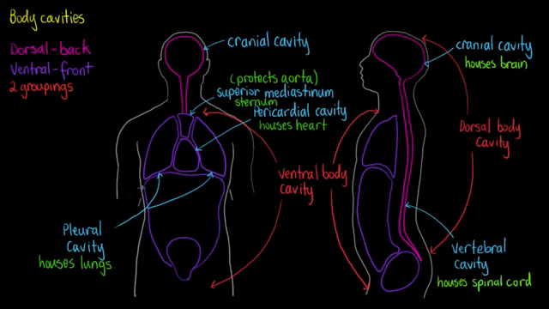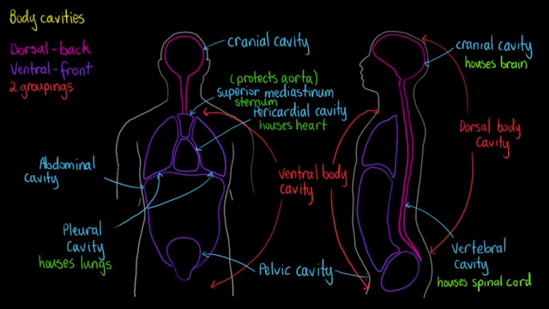Now we have two other subdivisions within our ventral cavities, and they are the abdominal cavity and the pelvic cavity. So up the top here, the abdominal cavity, and once we move down to the bottom here, we've got our pelvic cavity. Both of these cavities house different organs and different structures, and we'll make a list of that now.